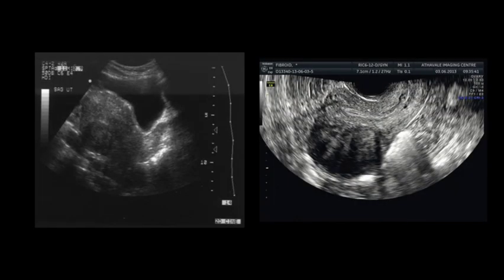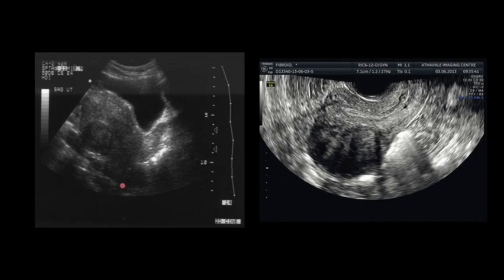Here in the image on the left, we see a sagittal view of the uterus being taken transabdominally with the curvilinear probe. Posteriorly, there's a large, round, hypoechoic mass representing a large intramural fibroid. And on the right, there's a transvaginal view of the uterus, again in the sagittal orientation, with a large, round, hypoechoic mass arising from the outer surface of the uterus, which represents a subserosal fibroid.